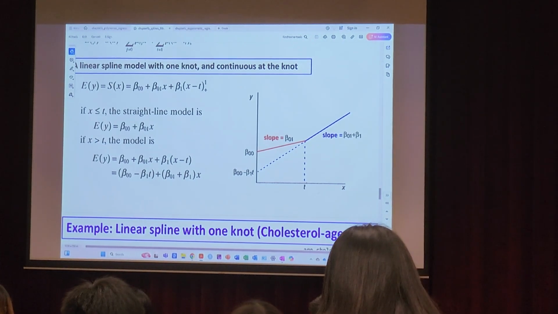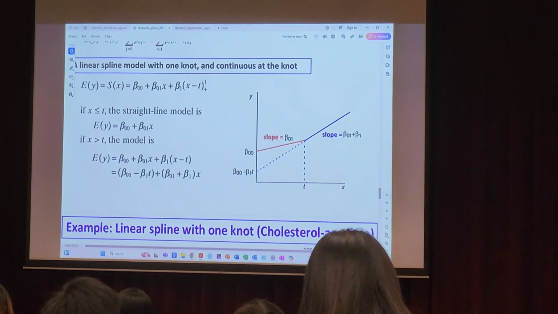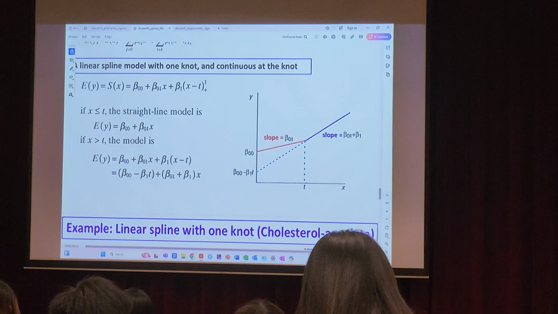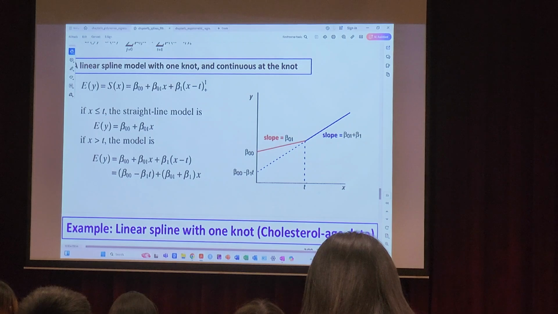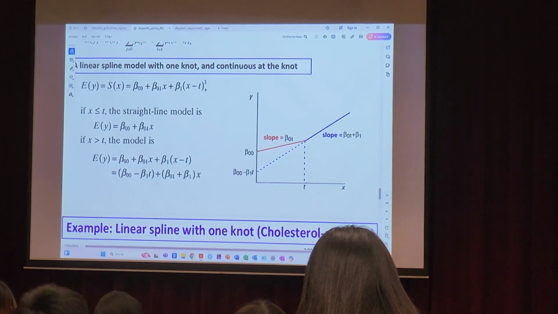In today's lecture for the first half, I've talked about how we can view a cubic spline model as one single multiple linear regression model. And that is good because all the theories and methods that we have learned in the past can continue to apply to this spline model.